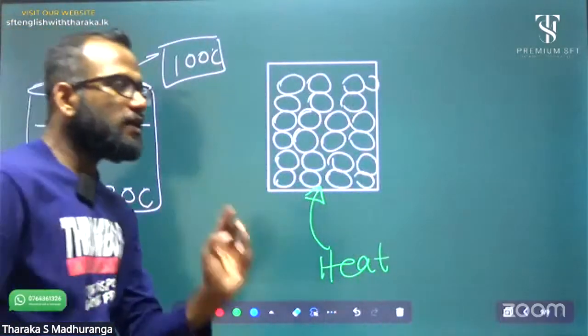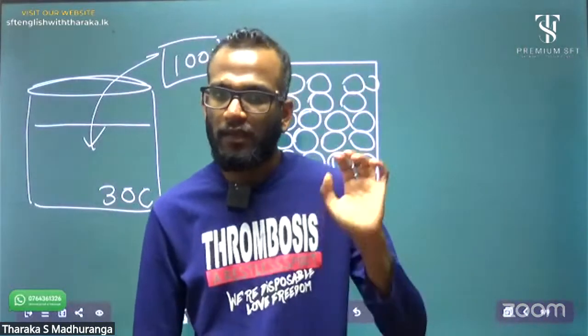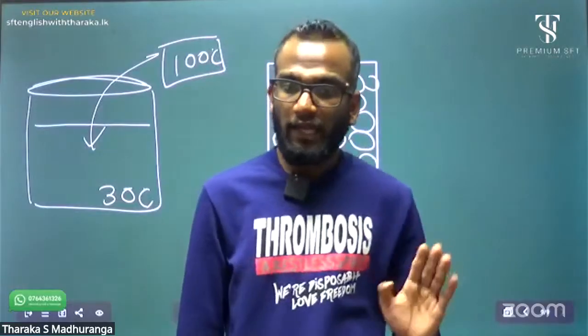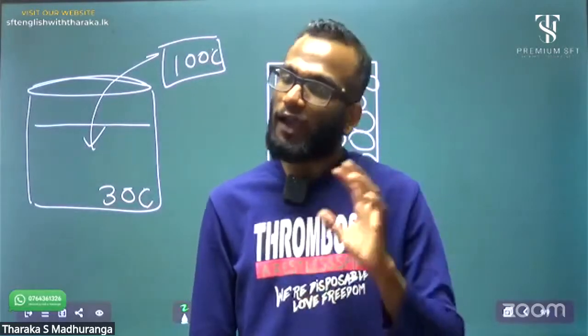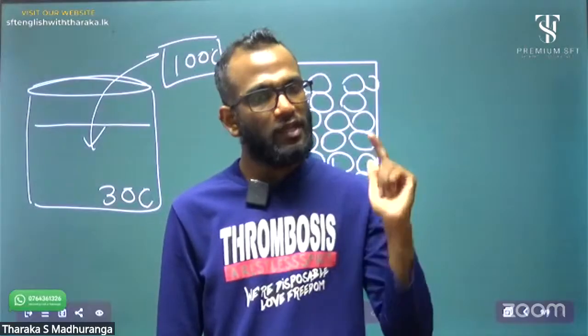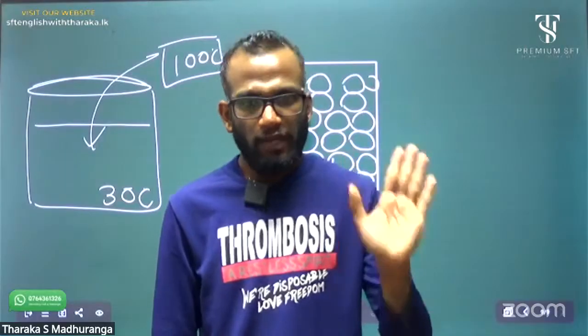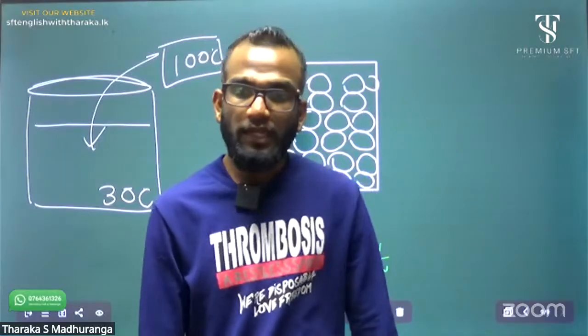Okay, according to material type, thermal expansion has 3 types. I told you all material substances expand. Therefore, we have 3 types: solid expansion, liquid expansion and gas expansion. Last week we discussed solid expansion.